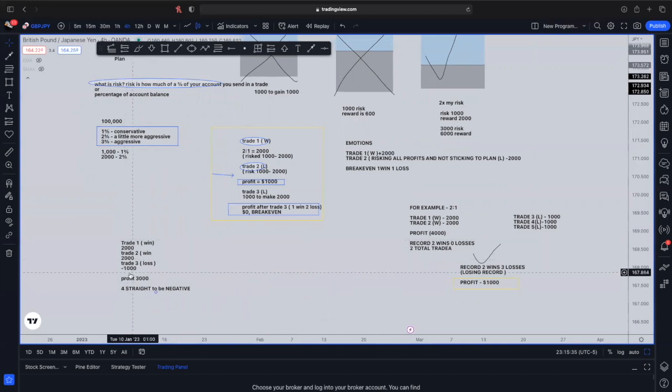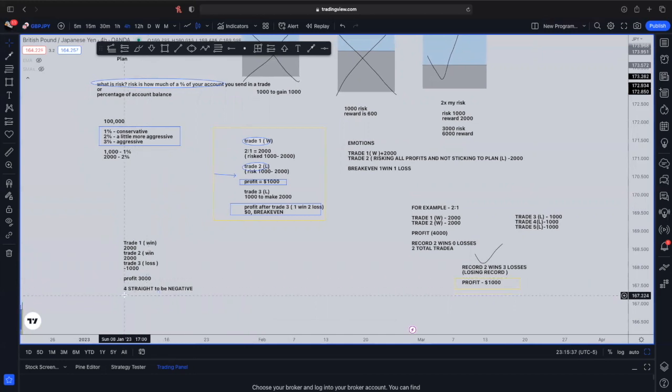If we get into profit like this, it would take 4 straight trades to be negative. That probably won't happen. You might lose 2 in a row and then win one. You might lose 3 in a row and then win one. No matter what, you are profitable, right? So let's say we took 3 trades, and we're profitable 3,000.